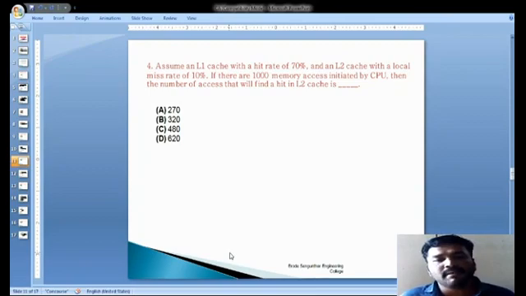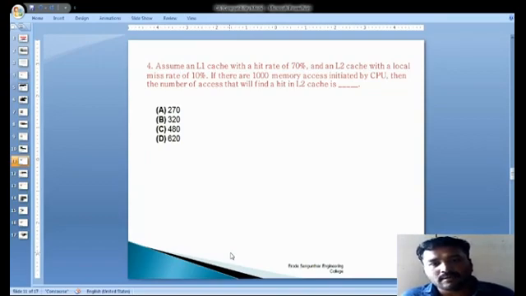If there are 1000 memory accesses initiated by CPU, then the number of accesses that will find a hit in L2 cache. I'll put it in this way. You are given a system having L1 cache and L2 cache, primary and secondary cache. The primary cache has a hit rate of 70%. The secondary cache has a local miss rate of 10. If 1000 memory accesses are initiated, how many accesses will find a hit in L2 cache?